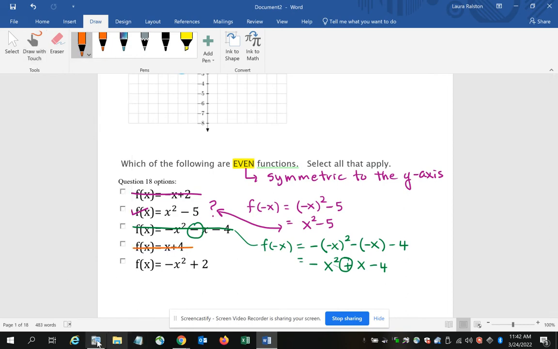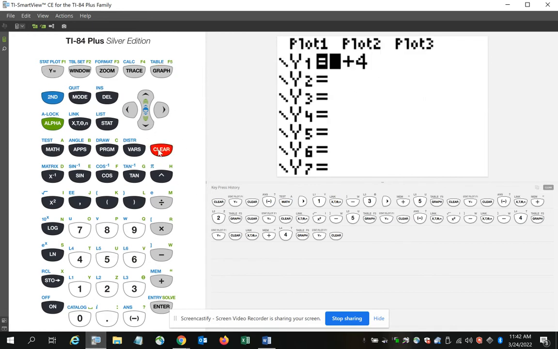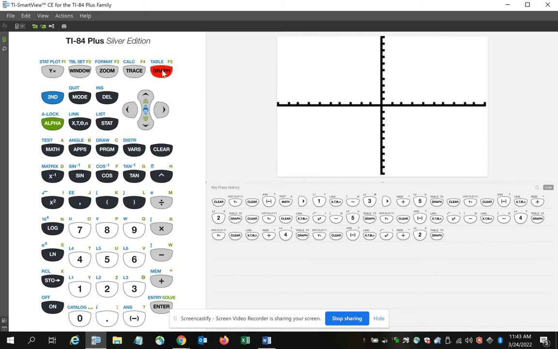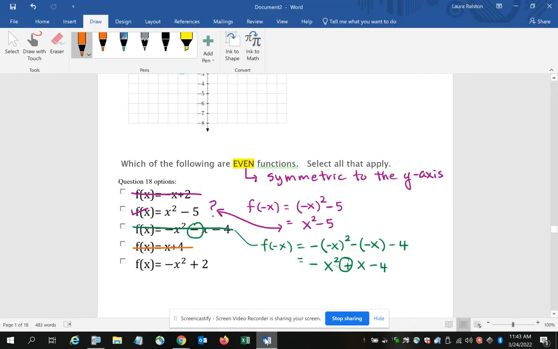And then if we check negative x squared plus 2, again, I realize this is taking some time, but this is probably the easiest way to do it. So negative x squared plus 2, and we graph. Again, that one to me, it looks like it's symmetric to the y-axis, that I could fold it in half and I couldn't tell the left from the right.